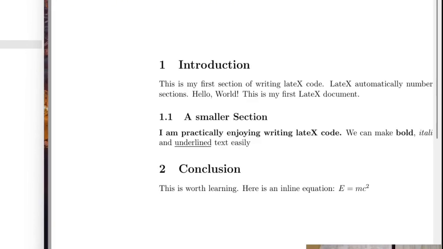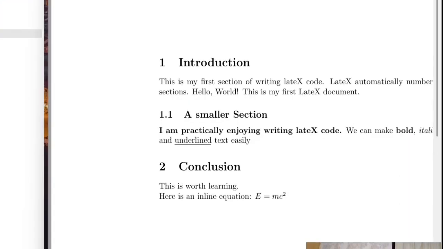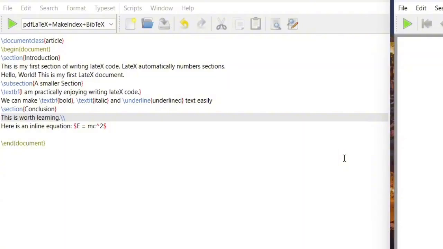So here is an inline equation, E is equal to mc squared. When we want the statement here is an inline equation to be on the second line, we can bring two backslashes after the statement, this is worth learning. It will push the next line of equation or statement onto the next space in our sheet. So when I brought the double backslashes, it has pushed here is an inline equation to the next line.